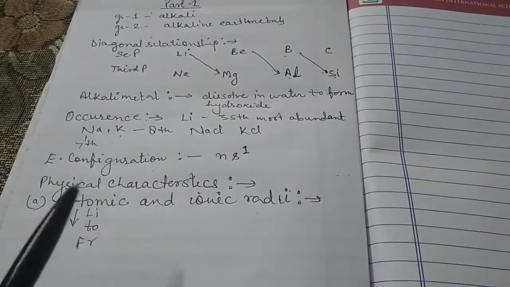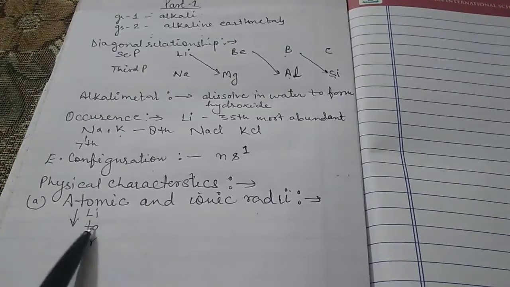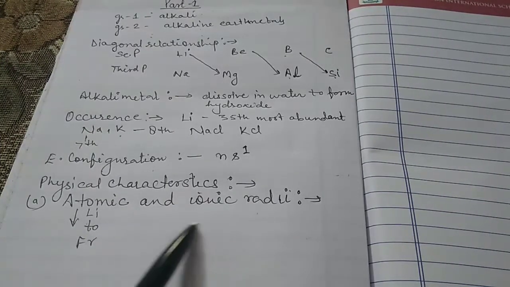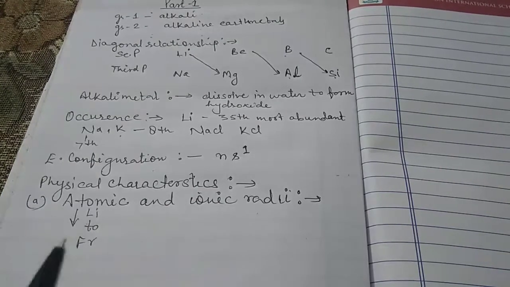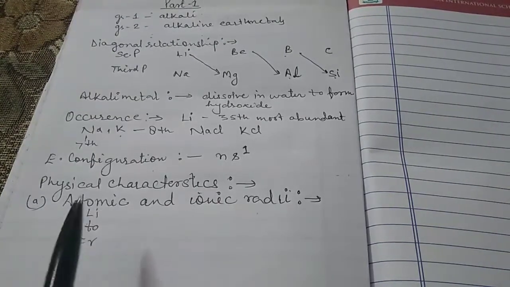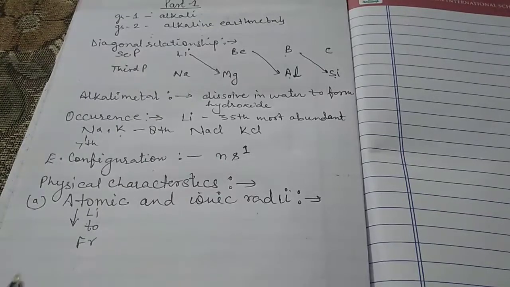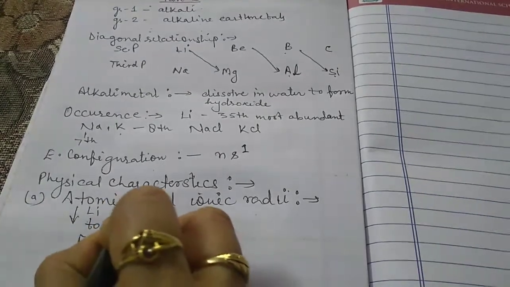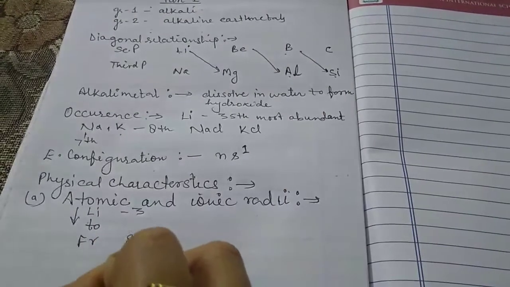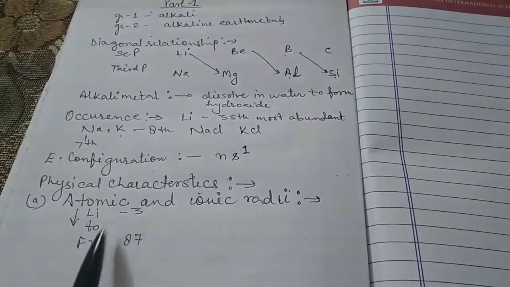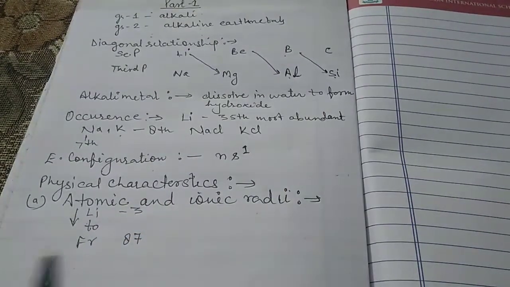Because we know very well that the atomic and the ionic radii is the distance between the center of the nucleus and the electron present in the outermost orbit. As we move down the group from lithium to francium, the atomic number of lithium is 3 and the atomic number of francium is 87. So as we move down, the number of shells increases. That's why the atomic and the ionic radii increase.